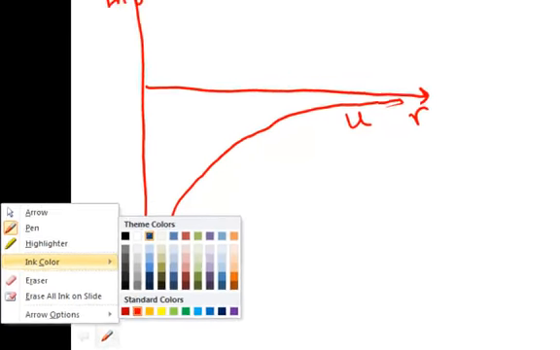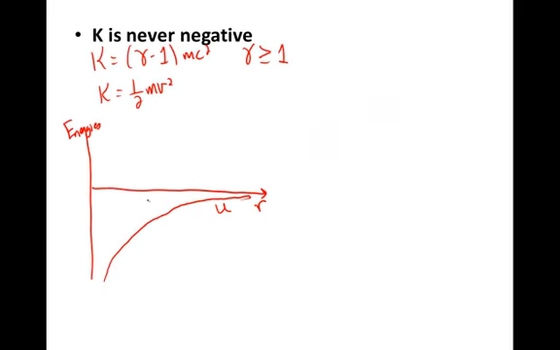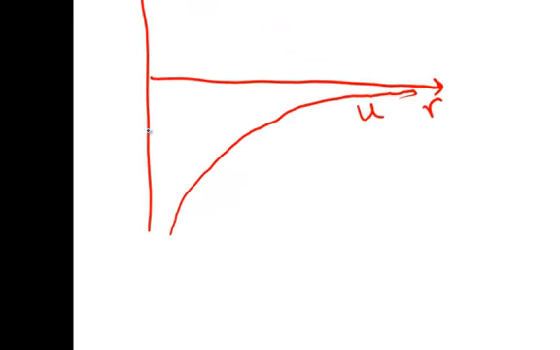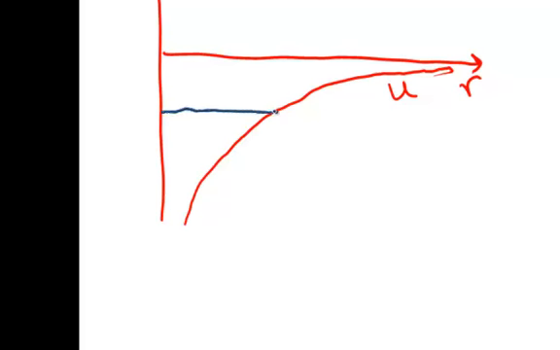So let's start off with a negative total energy. All right, the total energy can be negative. It's only the kinetic energy that has to be positive. Let's take the case where the total energy is a constant negative value. So if we plot this on this graph, it's just going to be a horizontal line. Total energy is the same everywhere.